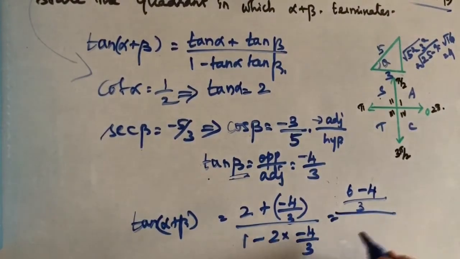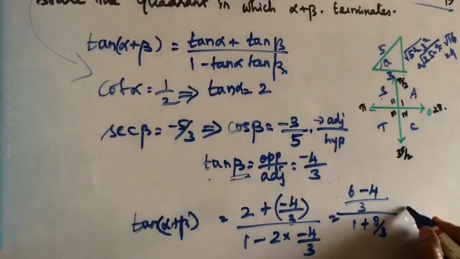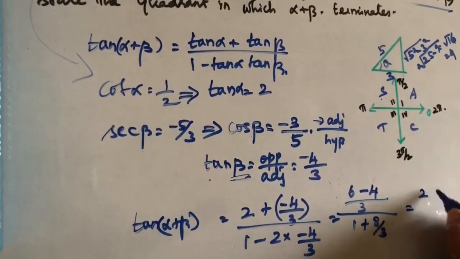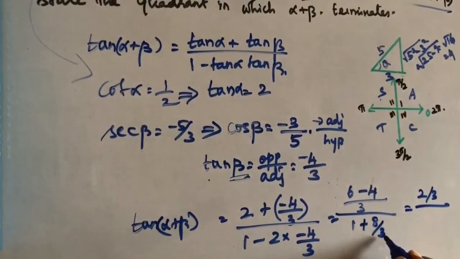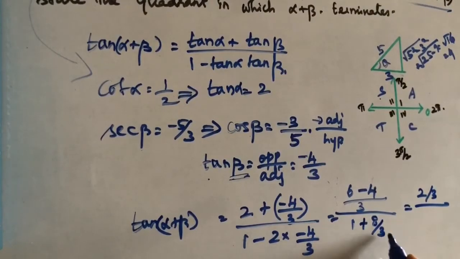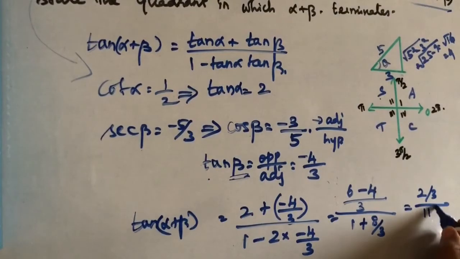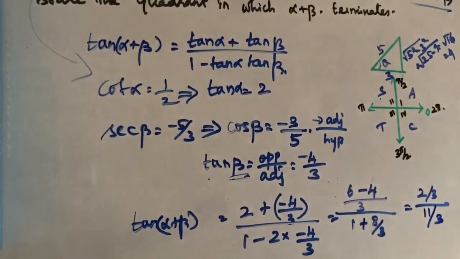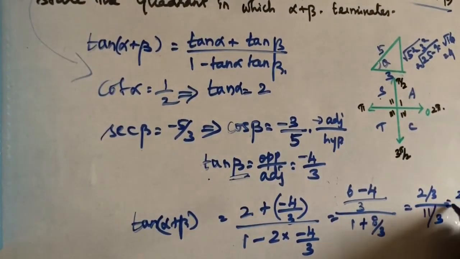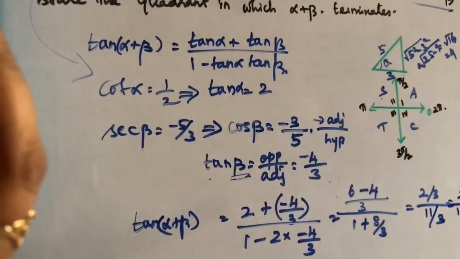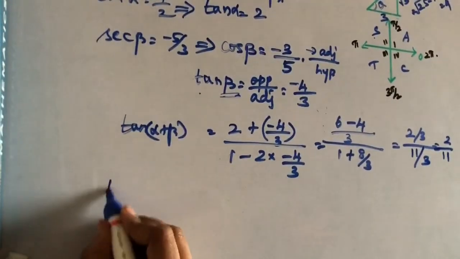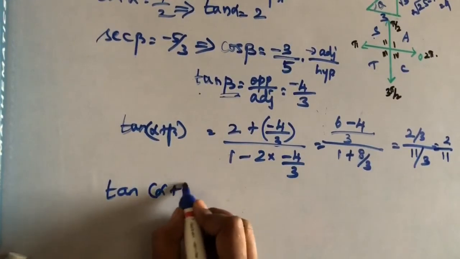In the denominator, 1 minus of minus is plus, 4 2s are 8 by 3. So in the numerator it is 2 by 3. In the denominator you take 3 as LCM. So 1 3 is 3, 3 plus 8 it is 11. 11 divided by 3. The denominator 3s get cancelled. It is equal to 2 by 11. So tan(alpha plus beta) equals 2 by 11.